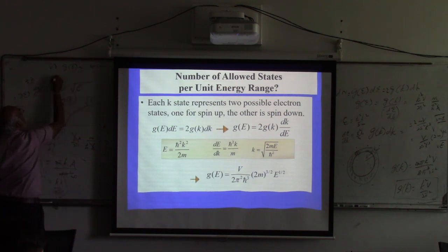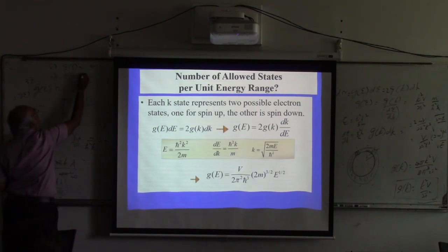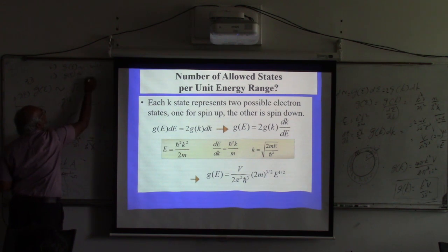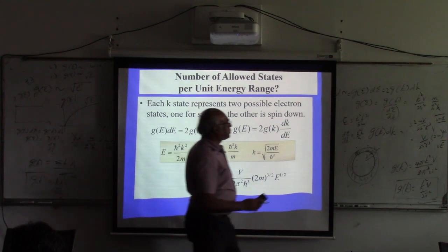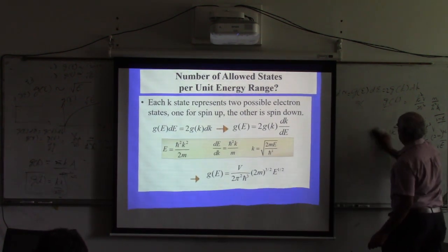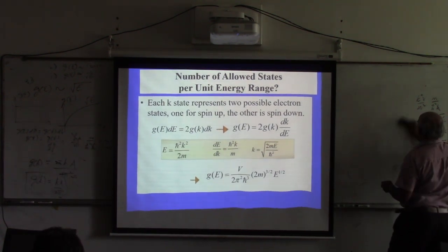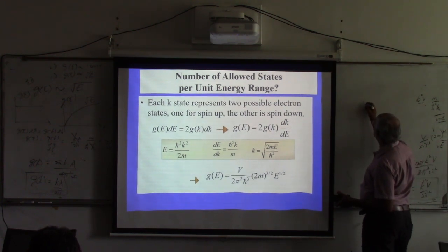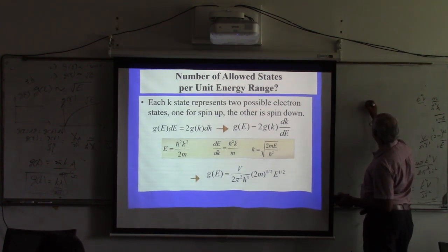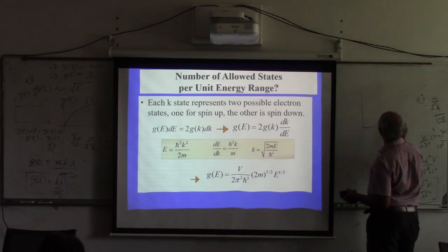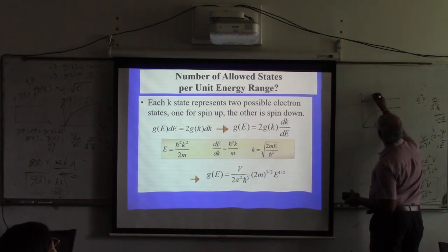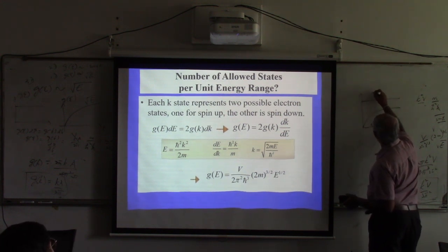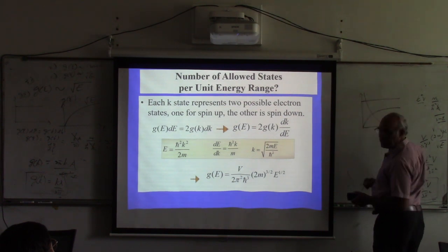So 1D GE goes like 1 over square root of E. So that is basically 3-dimension, 2-dimension, and the 1-dimension is basically 1 over square root of E, something going like that.